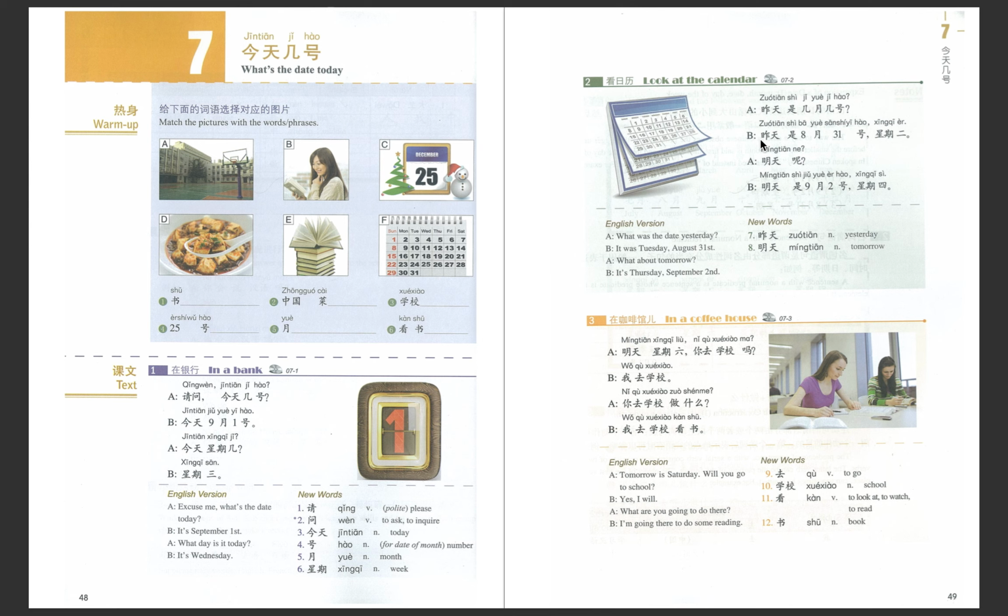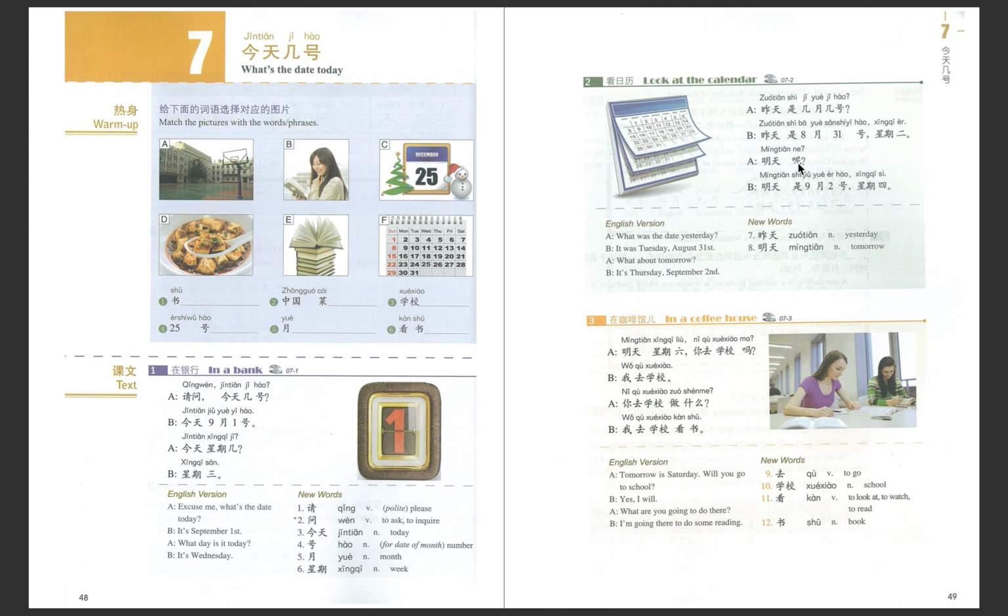How do you say 31? 3 times 10 plus 1, and you get 31. You always add the "th" when answering the date in English. 星期二, the second day of a week, Tuesday.